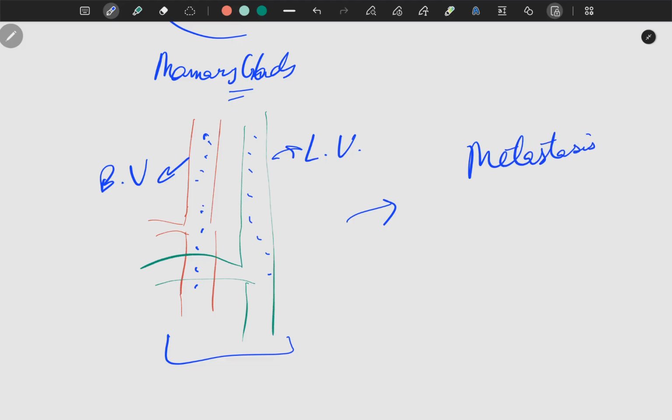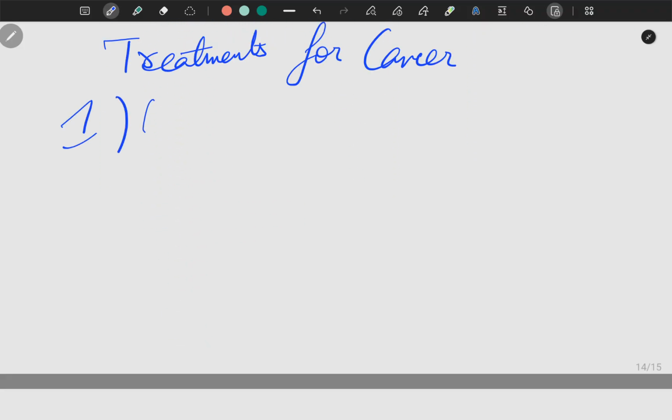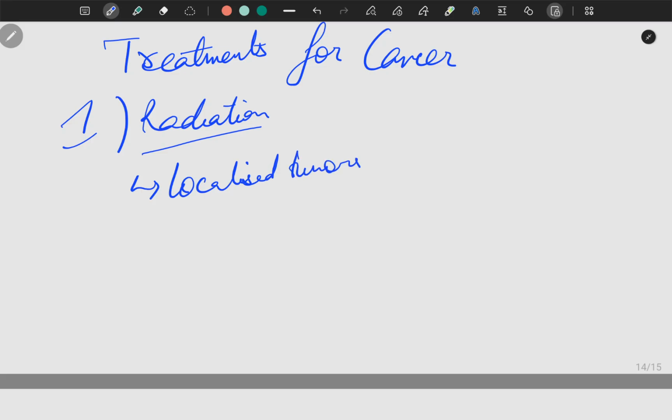Now let's talk about some treatments. The first is called radiation therapy, which is used for localized tumors placed at a specific point in the body. It damages the DNA.